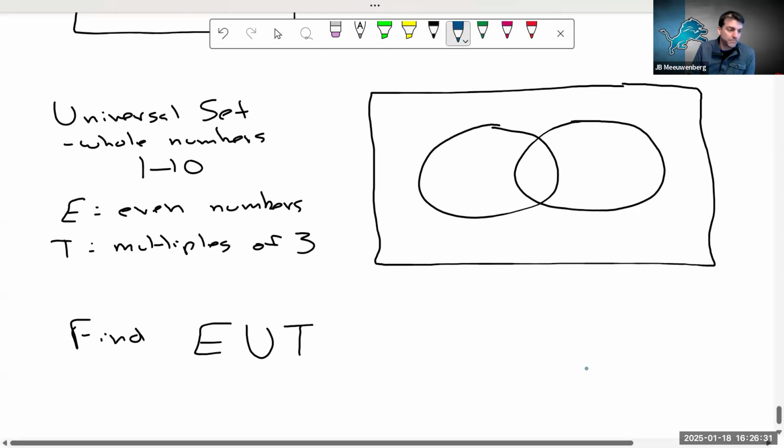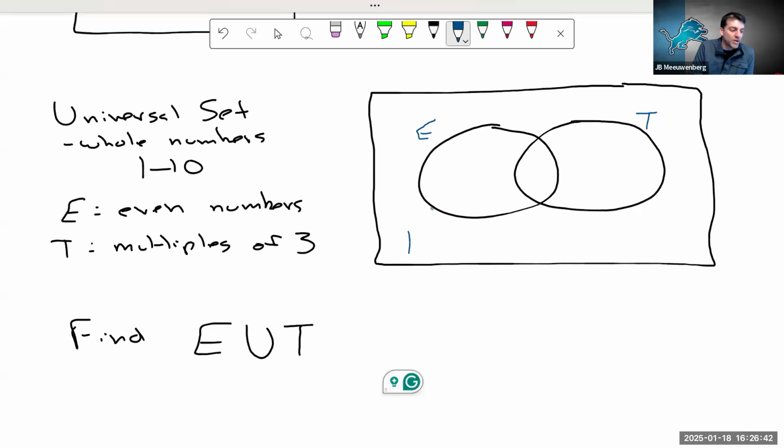I'll keep going. So before we labeled this as even, this as multiple of 3, and then we started listing the numbers. Just like before, 1 goes here, 2 goes here, 3 goes here, 4 is here, 5 is outside the circles, 6 is in the middle, 7 is here, 8 is here, 9 is over here, and 10 is an even.